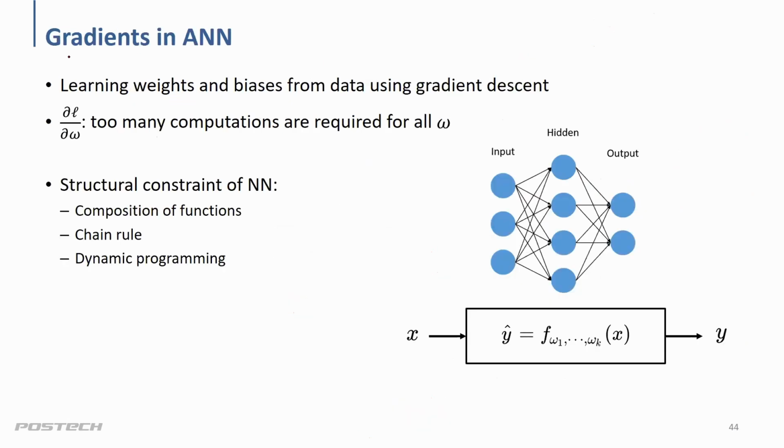So for gradients, the idea is that suppose we have 1,000 omegas, and we can compute the x and y. Suppose we have 1,000 data points, and we can compute the loss with respect to omega i.